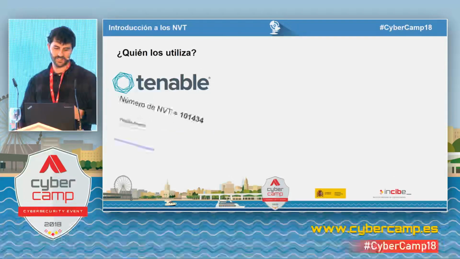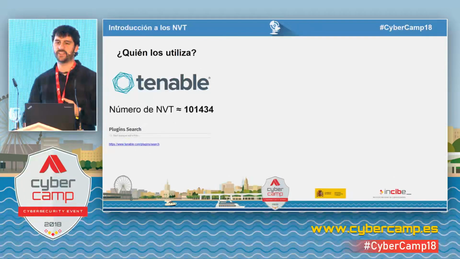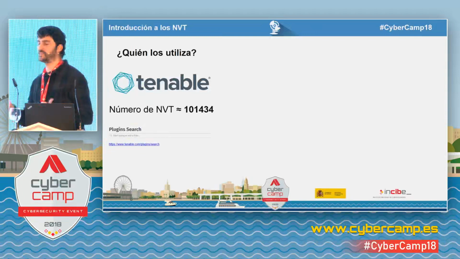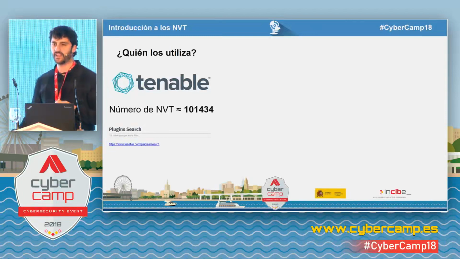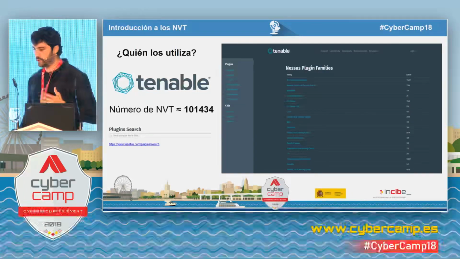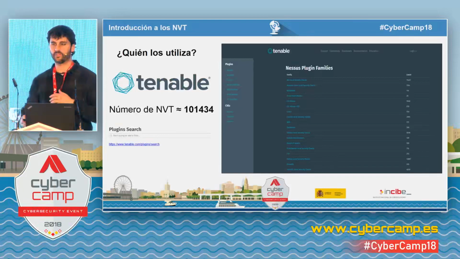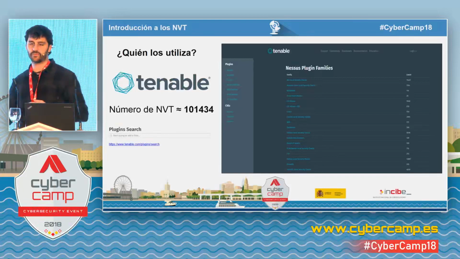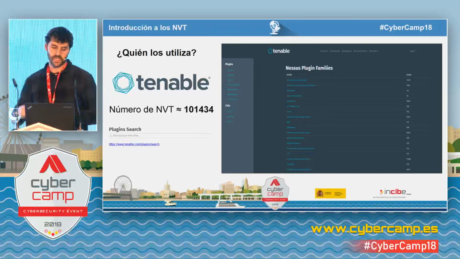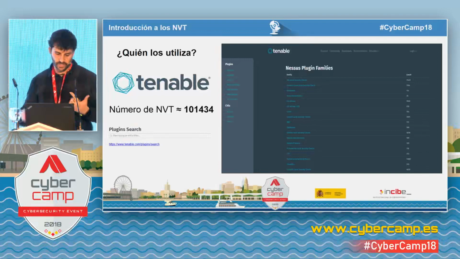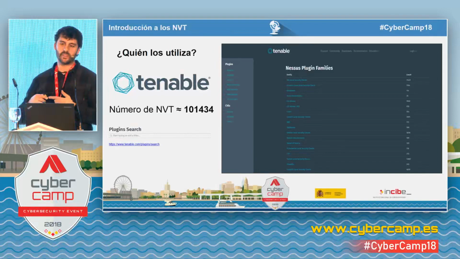I guess you're familiar with Tenable. They also develop NVTs. There are quite a few NVTs developed by Tenable. In their industrial area, they had 301 plugins. They use Python for some things. They have powerful platforms.